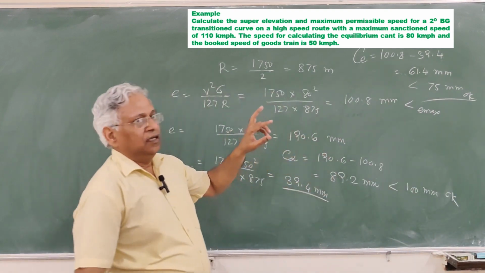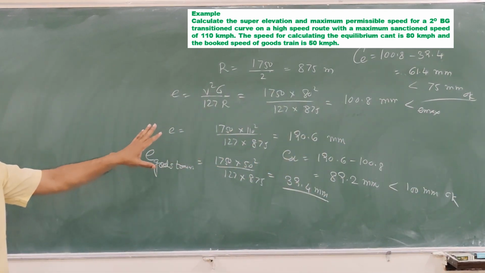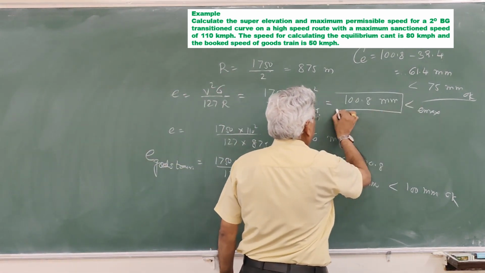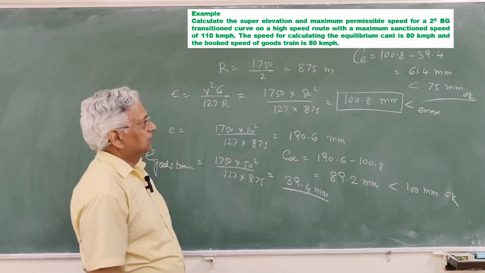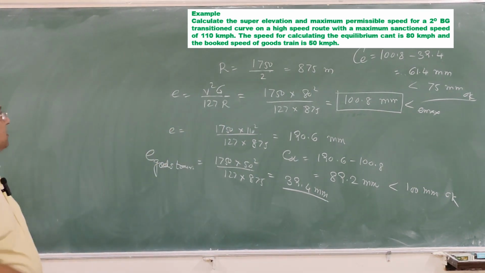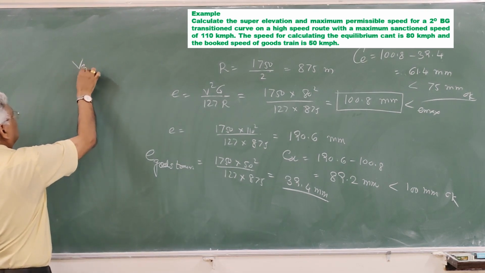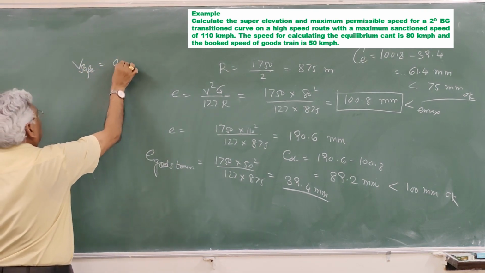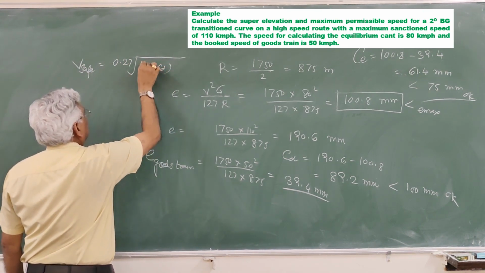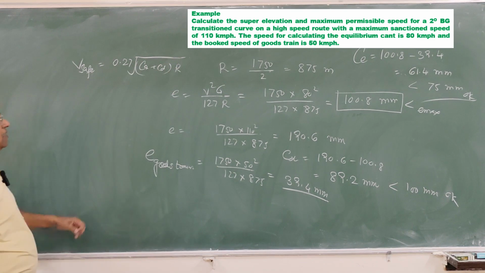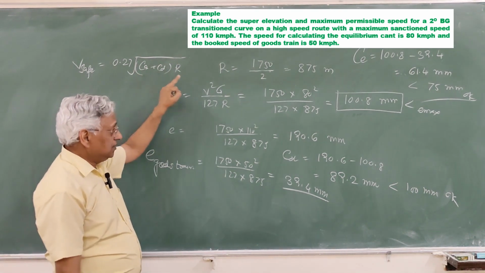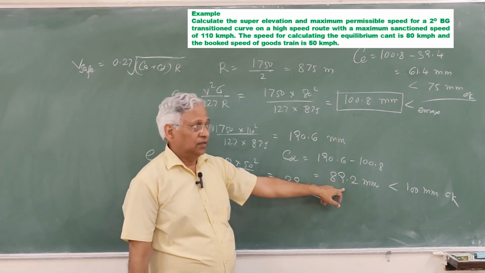Now all three are satisfied with actual Cant provided as 100.8 millimeter. What is the safe speed? Safe speed will be calculated by this equation: 0.27 square root of (CA plus CD) into R. CA is 100.8, CD is 89.2, right?